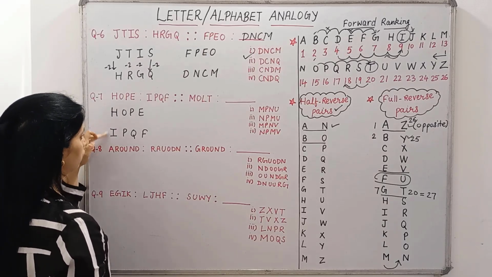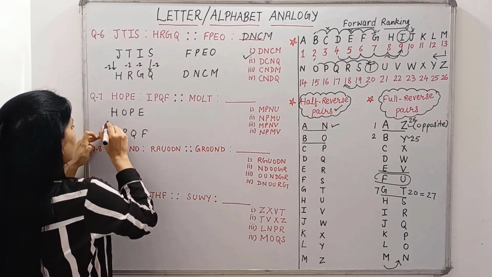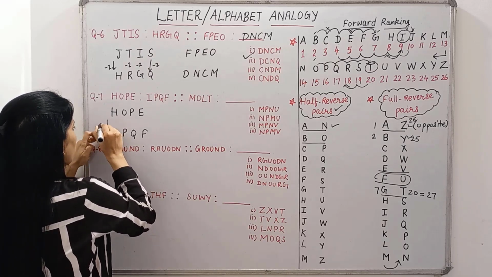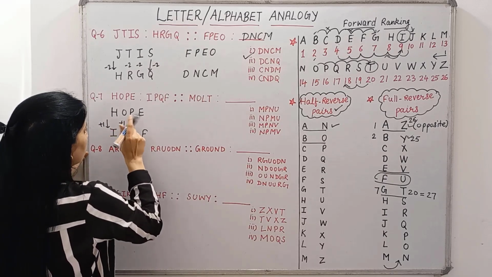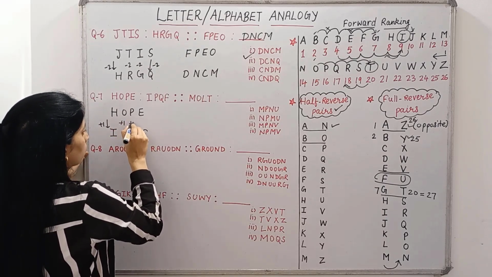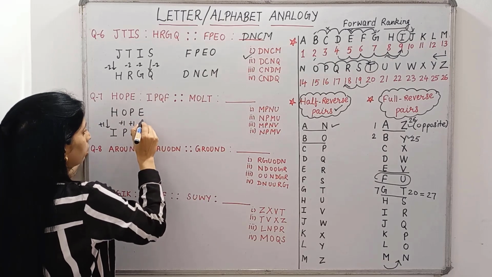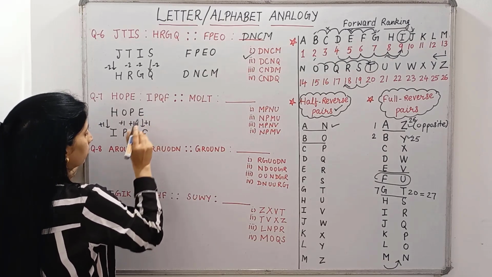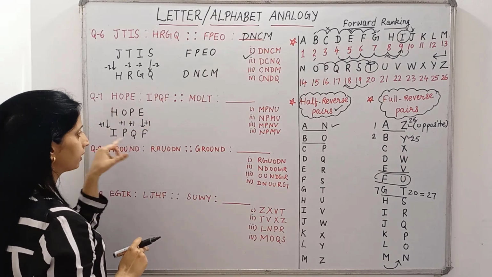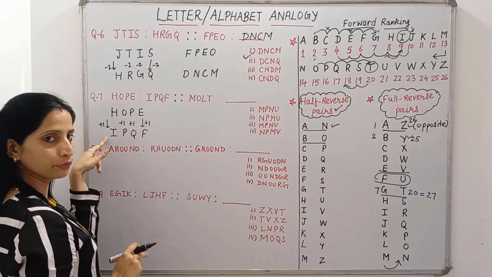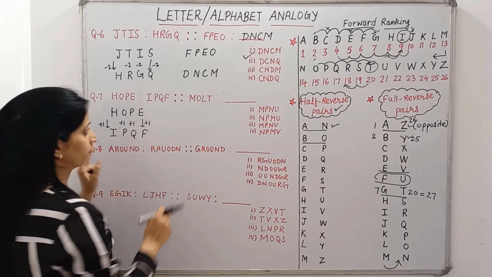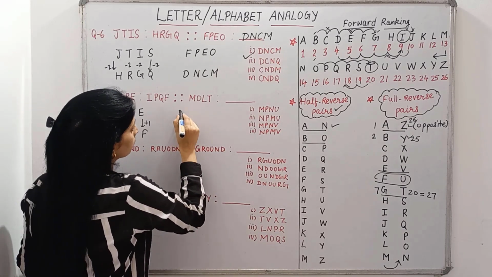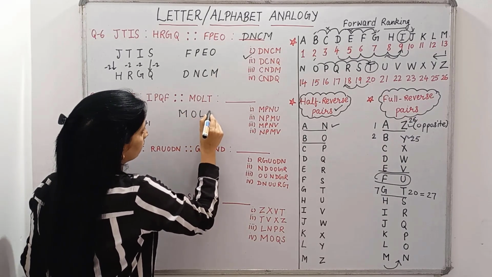H, I, G, H, I. This means it is just our next term. We are doing +1. O, P. Again +1. P, Q, +1. E, F. Again +1. This means in this complete term, we are adding 1 or we are moving in forward direction by 1 letter.